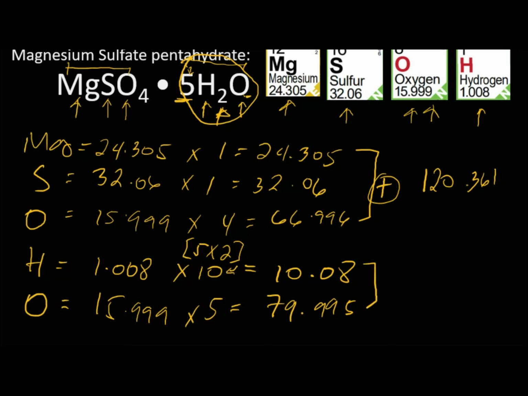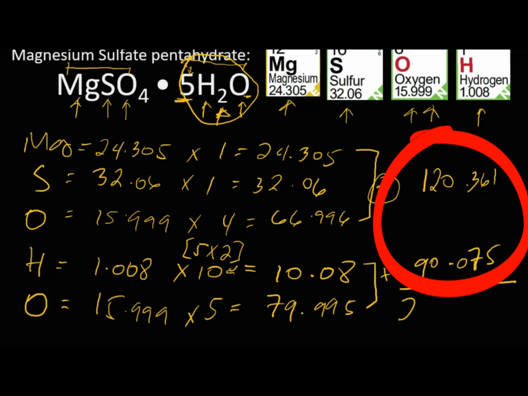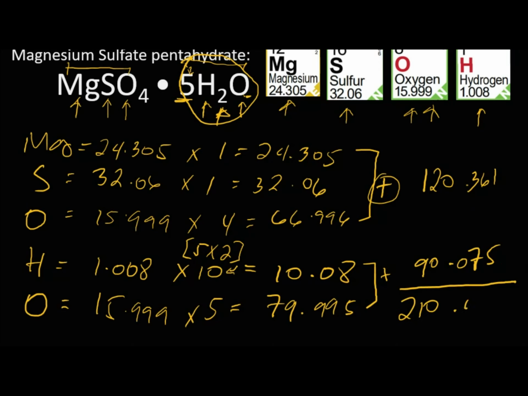And then when we add these two together, we have to find the sum or the total of these two numbers. So when we add these two, we will get 210.436 grams per mole.